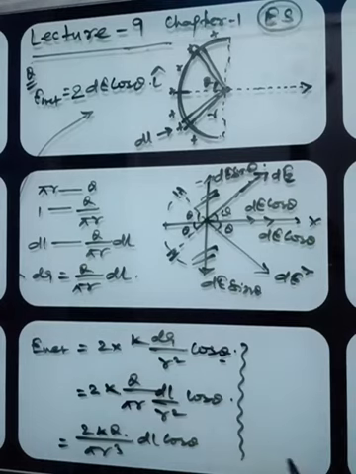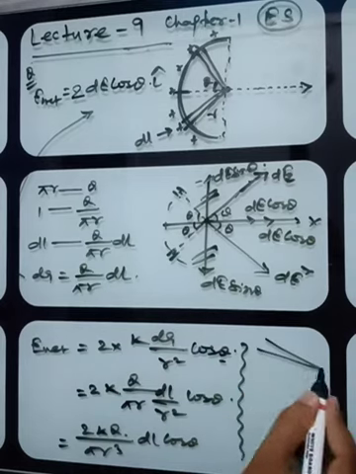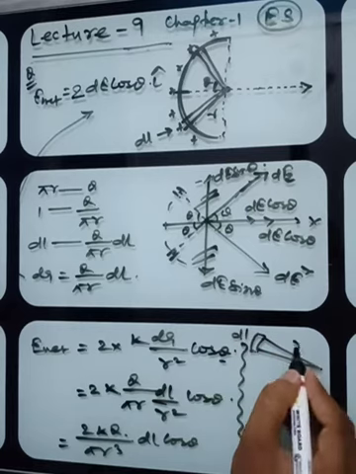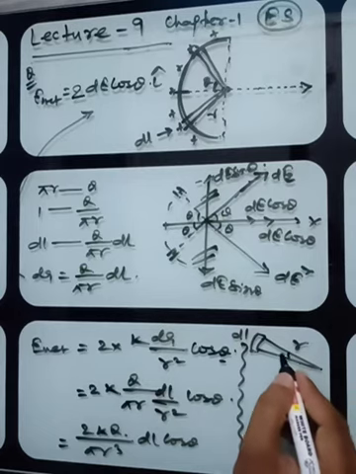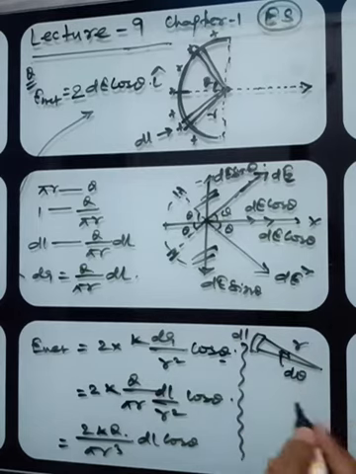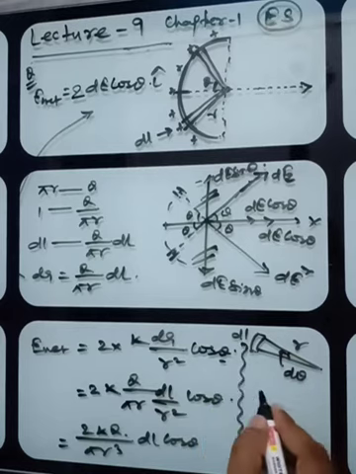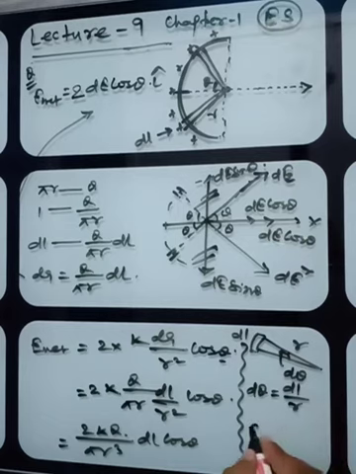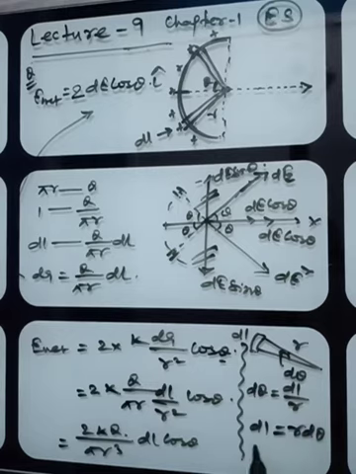Here you have the elemental section dl at distance r, and this is the elemental angle d theta. So you can write theta is equal to dl by r, or dl is equal to r d theta. Now you will put this value of dl over here, and one variable will be gone. It will come in r and theta. Already we have the one variable theta, and this r is constant.